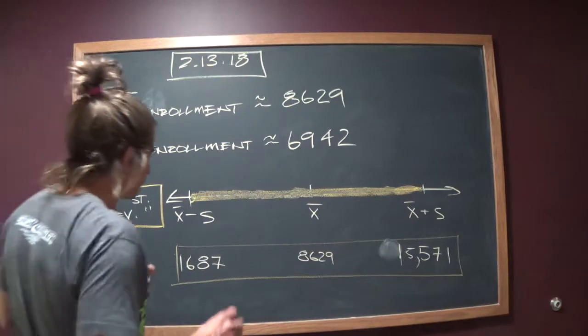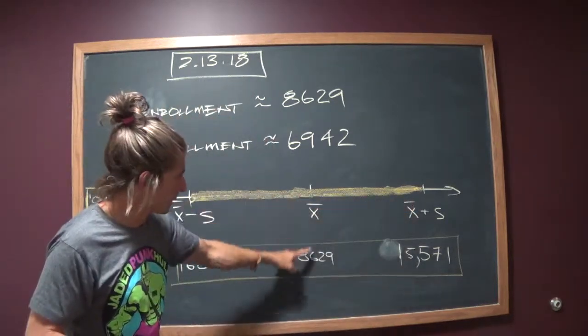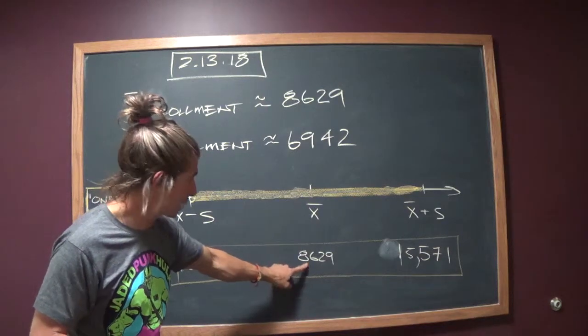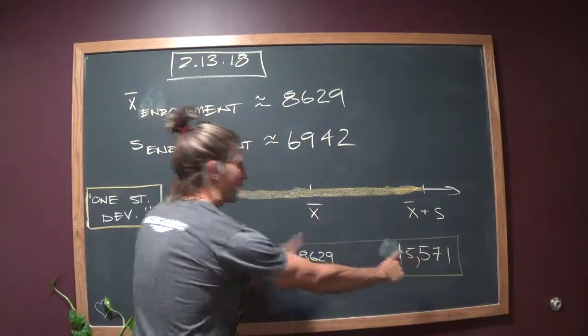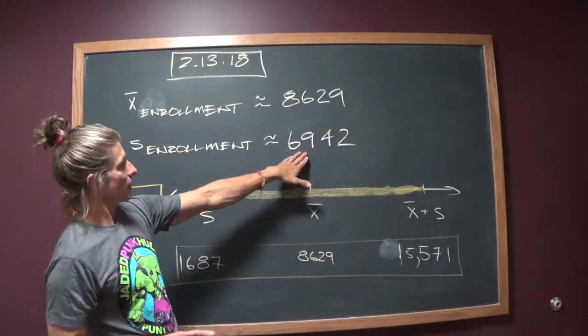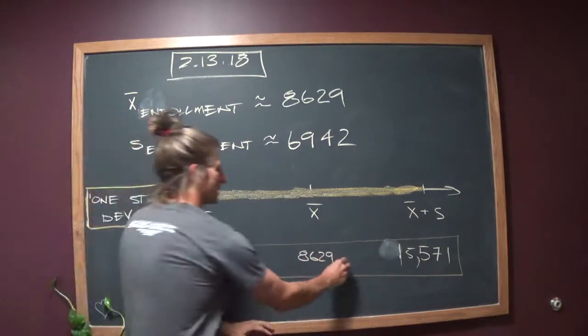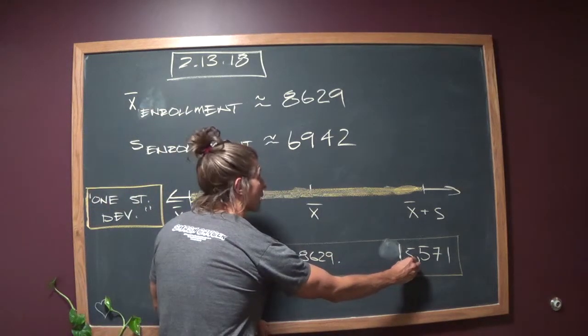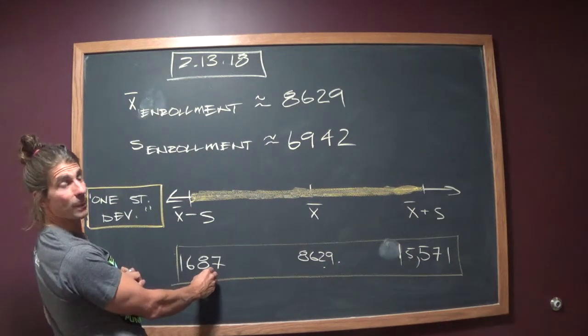The first thing I did was create a number line, and I dropped the average of 8,629 onto this number line. Then I went up and down 6,942 from that average. This is up 6,942 from the average. This is down 6,942 from the average.